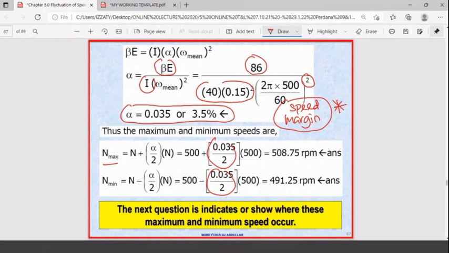The next question is to indicate or show where this maximum and minimum occurs. To indicate or to show, you have to go back to the graph.